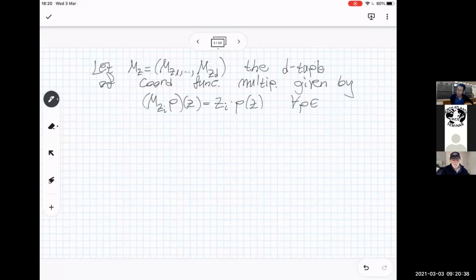This is for any polynomial in d commuting variables.